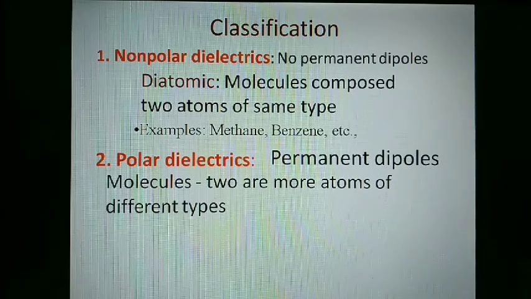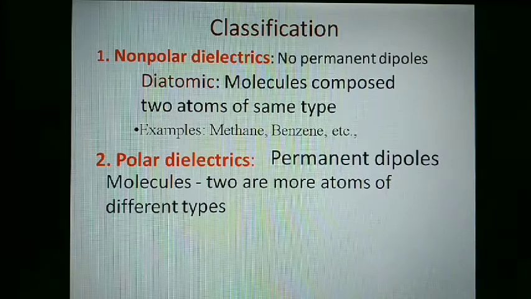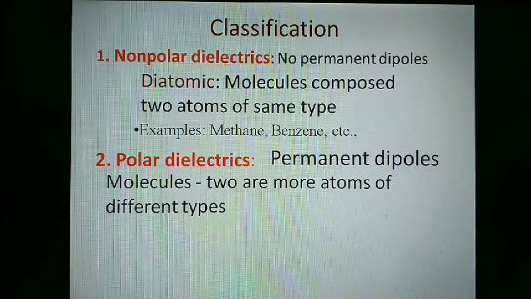Their molecules are composed of two or more atoms of different types, and in absence of external electric field, as I mentioned, the centers of gravity of positive and negative charge distributions are not coincided, but normally they are randomly oriented, that is in absence of the external electric field.